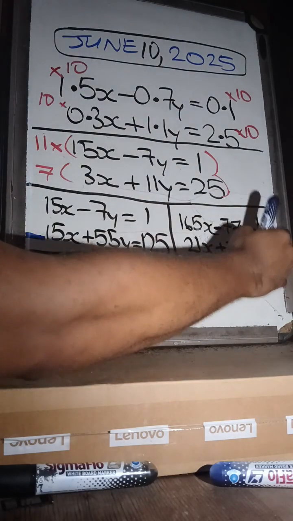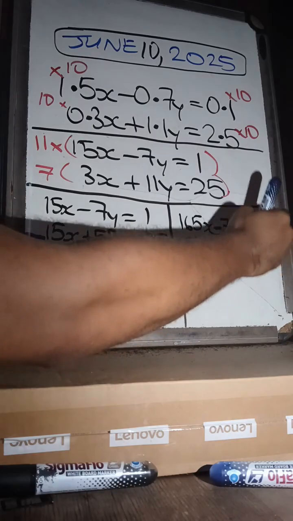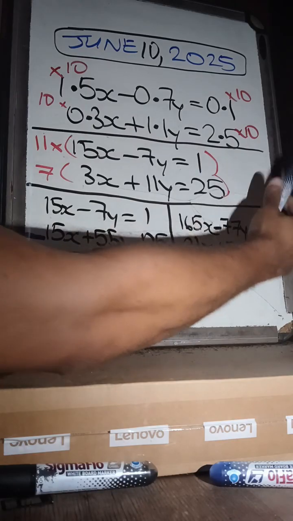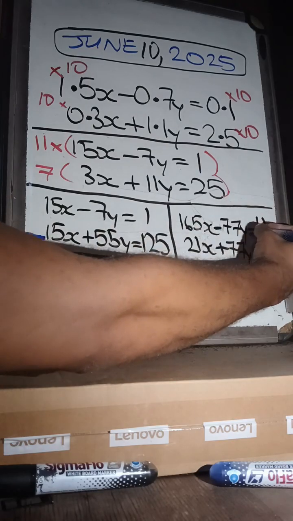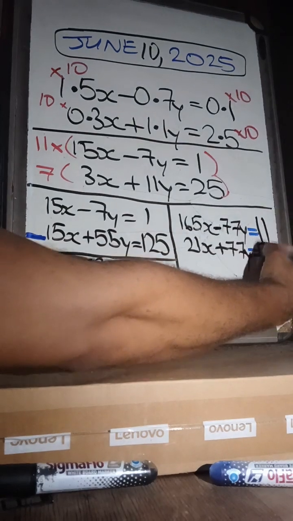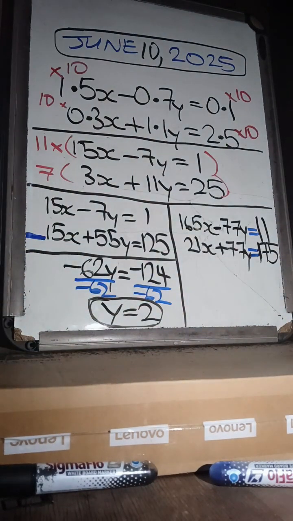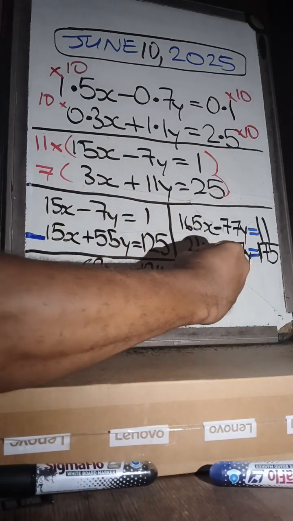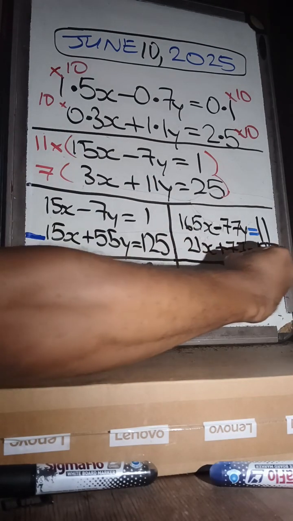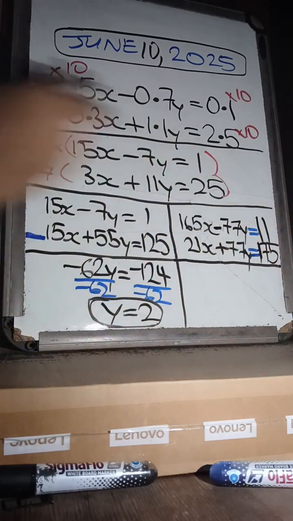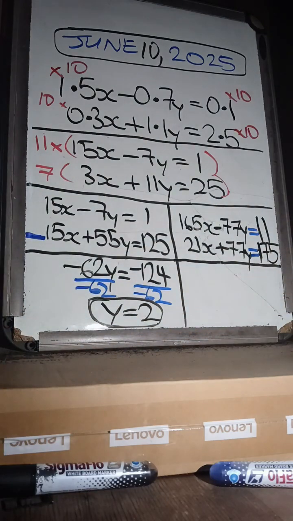Let me write my equal signs in blue. Oh, forgot to do that. No, the coefficients of x were the same, so we subtracted.